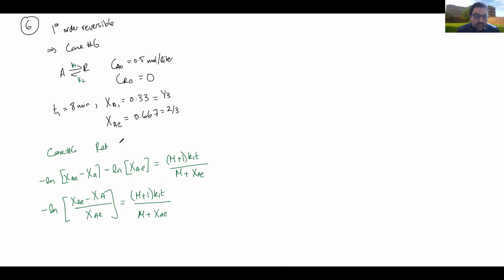In this case, the rate equation will be dCR by dt is equal to minus dCA by dt, which is on your slides, equal to K1 CA minus K2 CR, right? Good. So basically, I'm looking to find K1 and K2 from this problem.